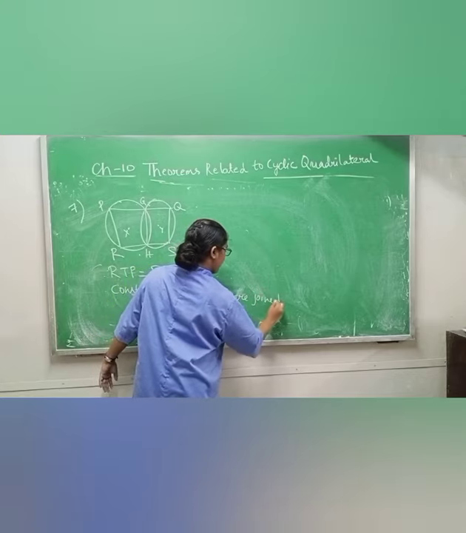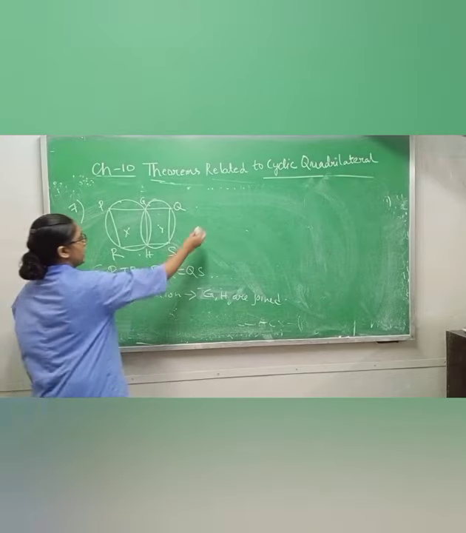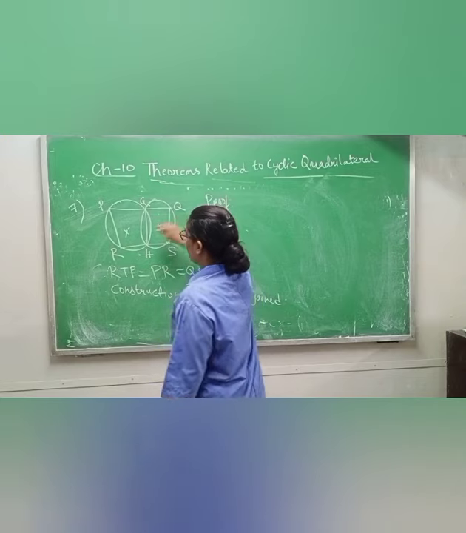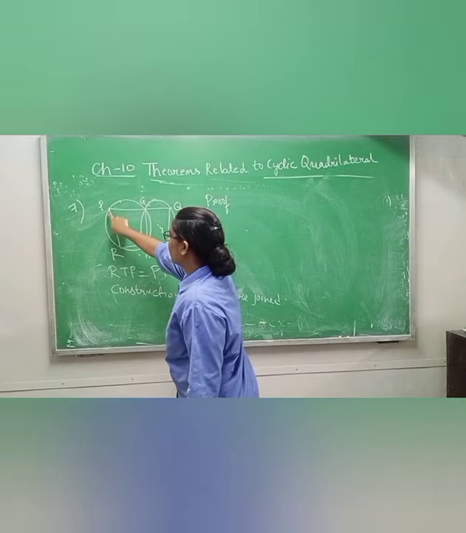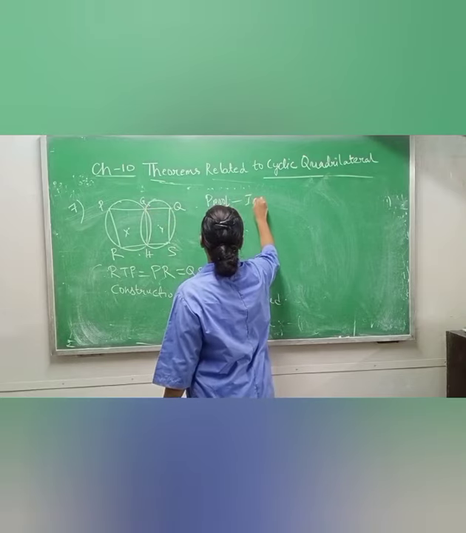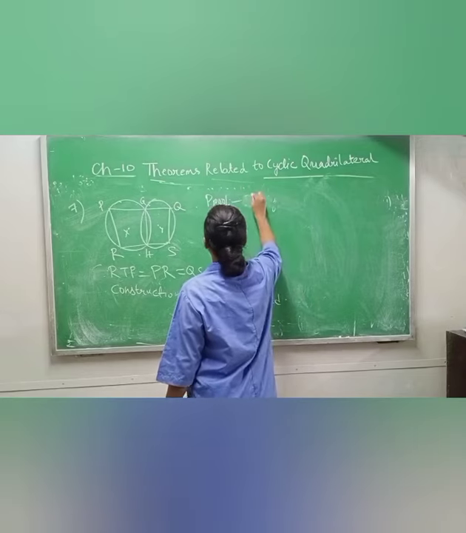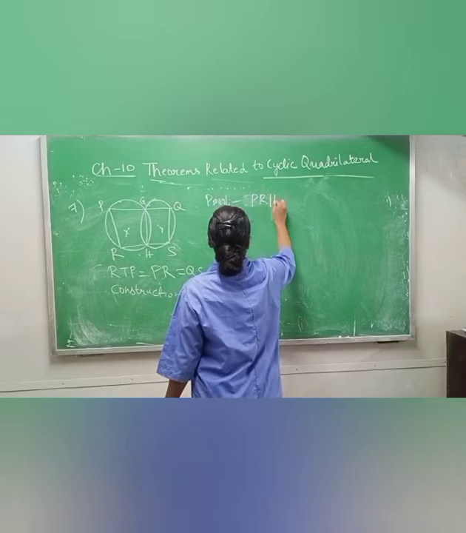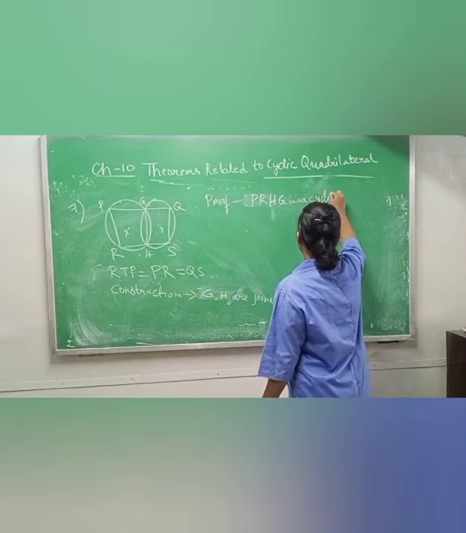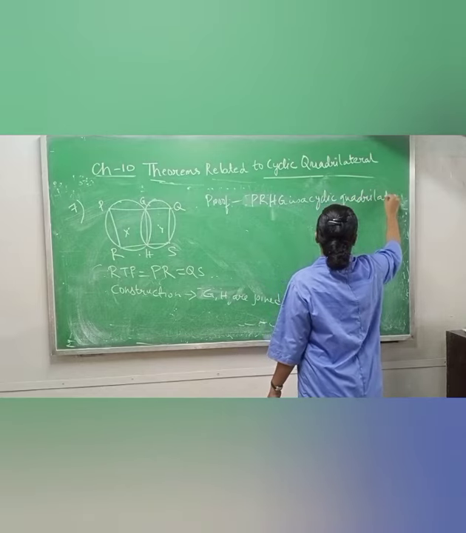Okay, now after joining this one, same thing, what you will write in the proving part: in cyclic quadrilateral PRHG, or you can write PRHG is a cyclic quadrilateral.